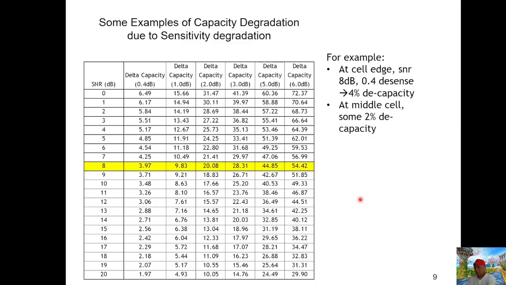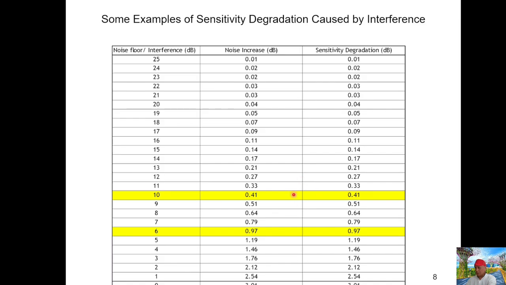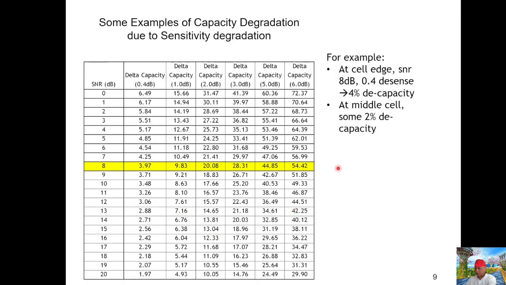These two tables we discussed are not easy to understand. So maybe watch this video again and again, then discuss with your RF expert to understand the concept behind them.